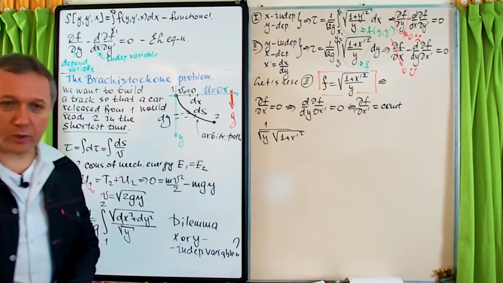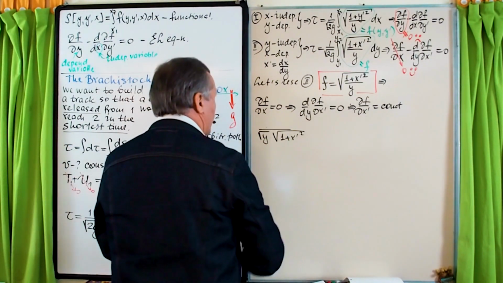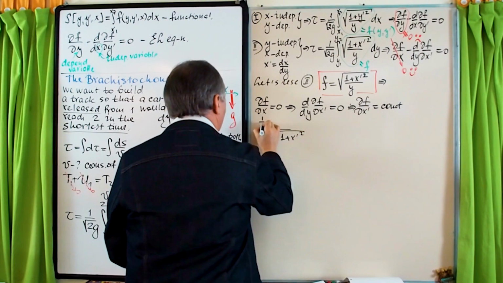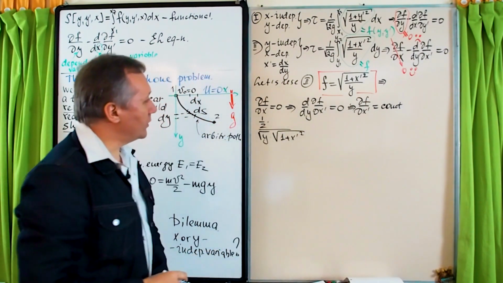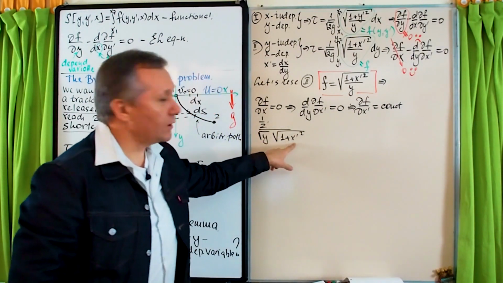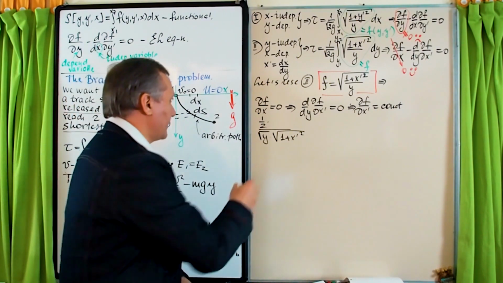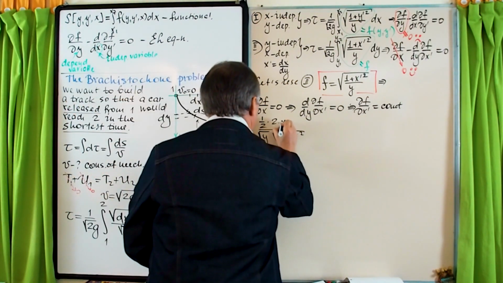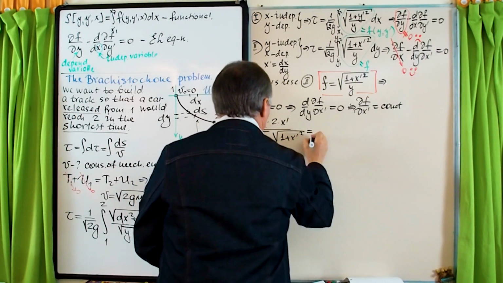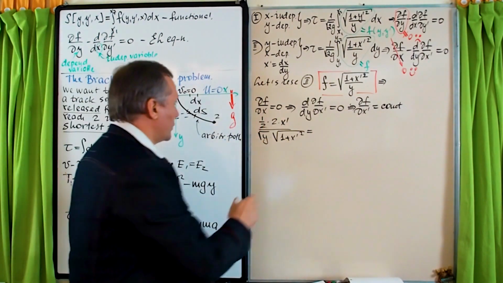Then 1 over 2 in front, because we're differentiating a square root. And then we need to differentiate what is inside. So we differentiate with respect to x prime. x prime is squared, so we'll have 2x prime upstairs, times 2x prime. So it is equal to that constant. Of course, 2 goes.